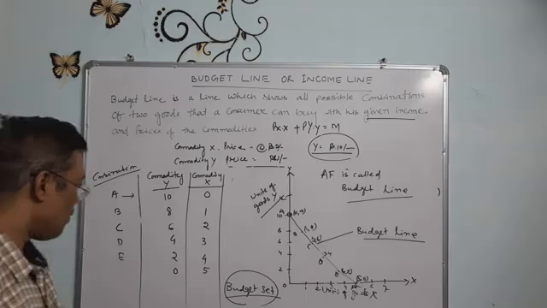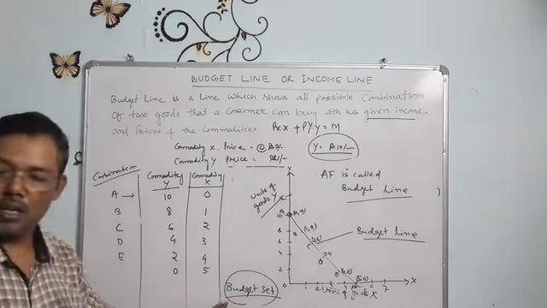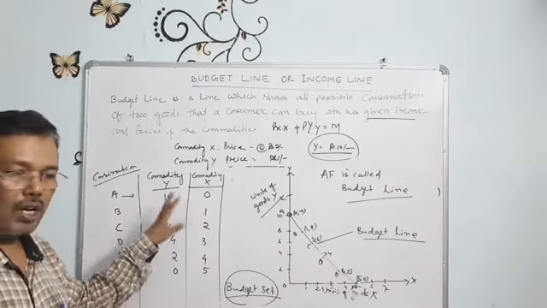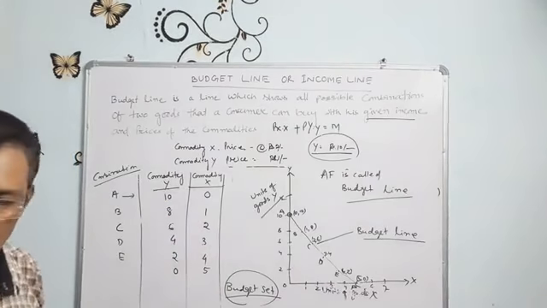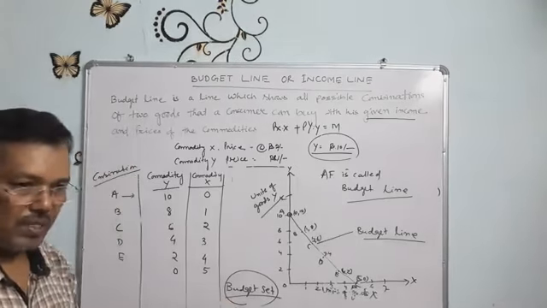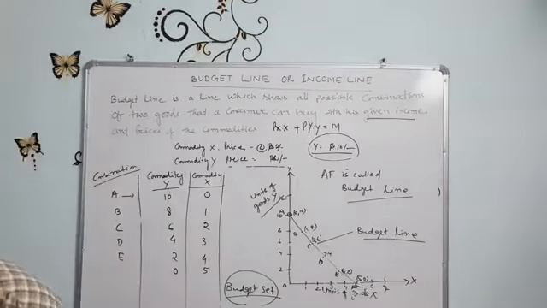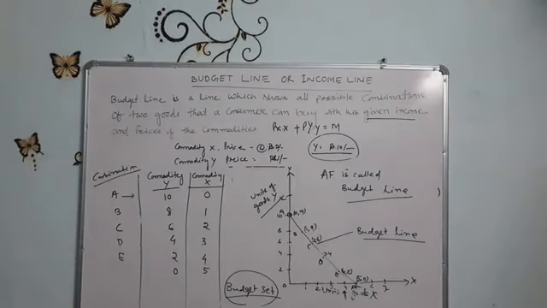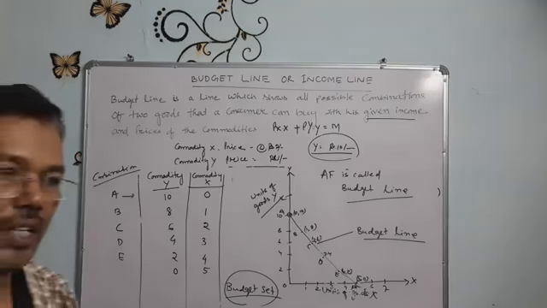Again, I repeat: the budget set is the collection of all the bundles of goods that a consumer can afford with his given income and the prevailing prices of the commodities.